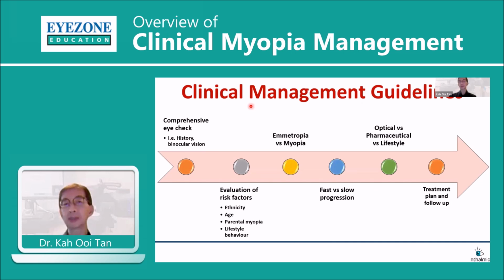So if we come back to myopia management, we need to know what is exactly covered in the clinical management guideline. Myopia management is part of primary eye care. However, we need to incorporate certain new elements into it. Other than a comprehensive eye check, such as history taking, we probably need to focus on binocular vision, for example.